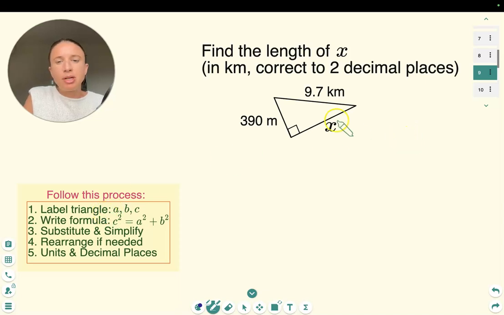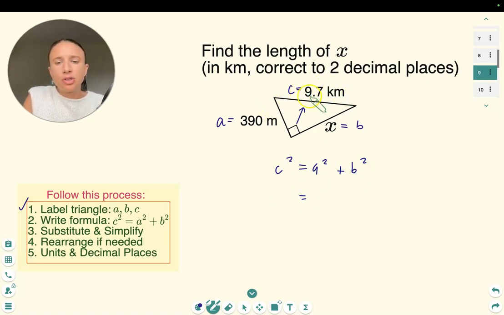First step, label your diagram. Hypotenuse is opposite the right angle. And then you've got your A and B, your shorter sides. Write the formula. C squared is A squared plus B squared.